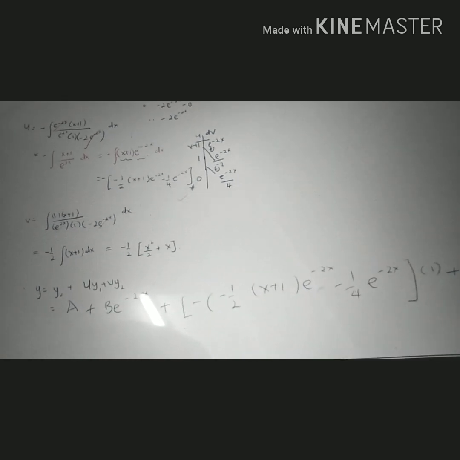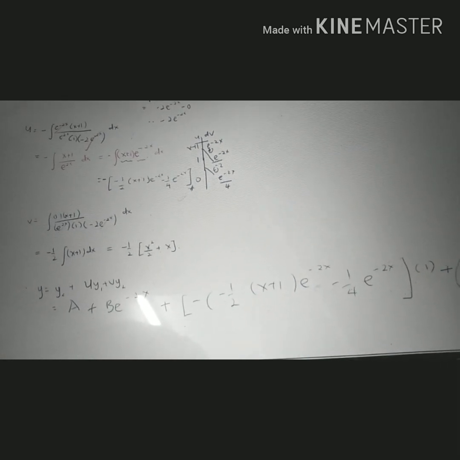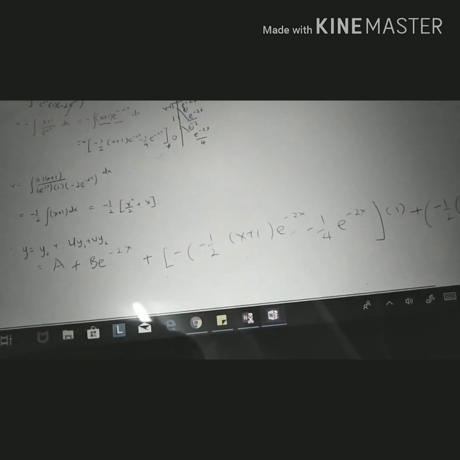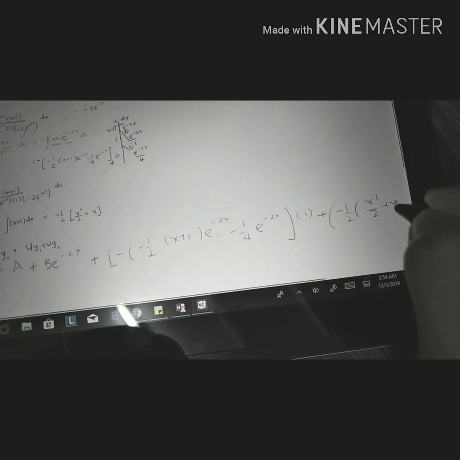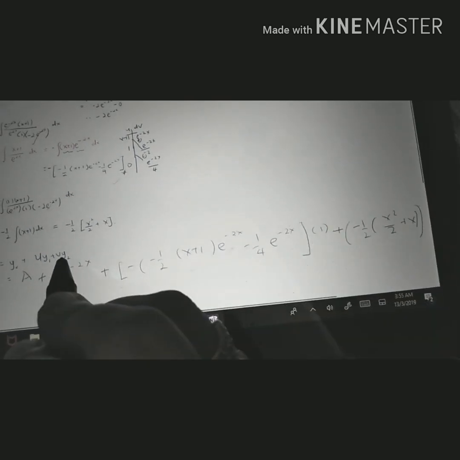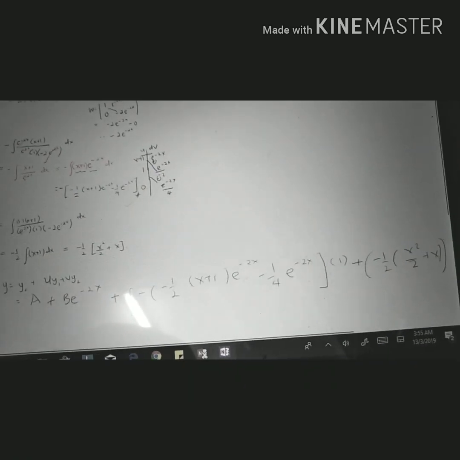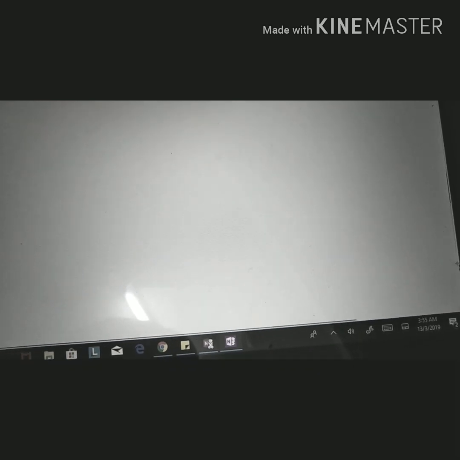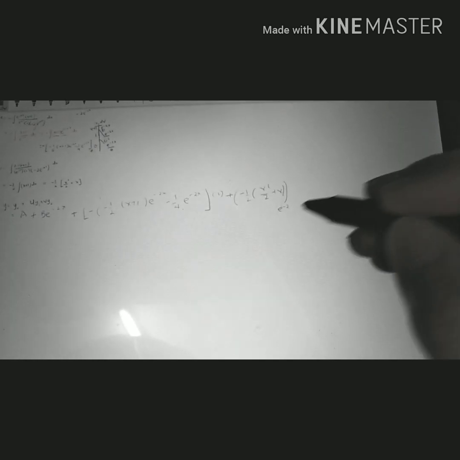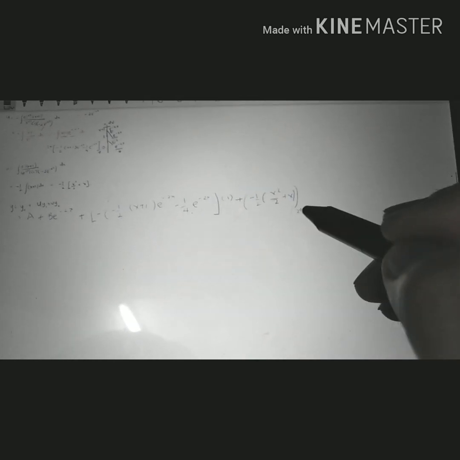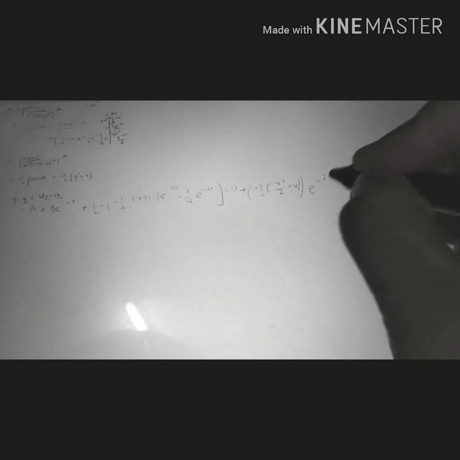Where v is negative half, x squared over 2 plus x, multiplied by your y2. y2 is e to the negative 2x, and then you simplify.